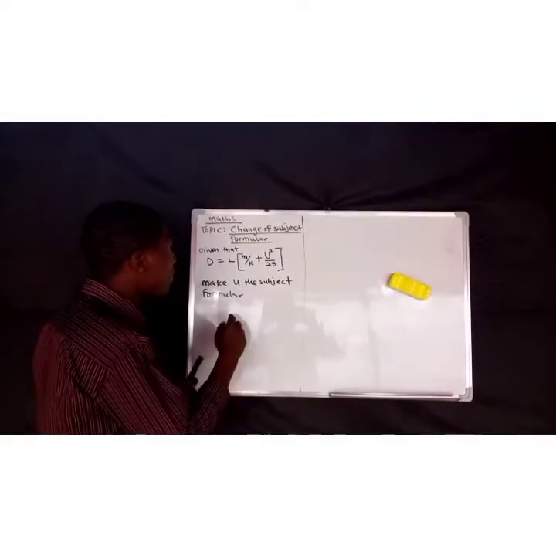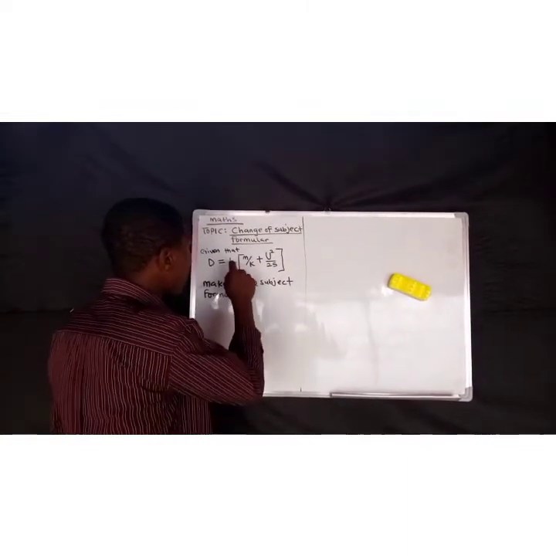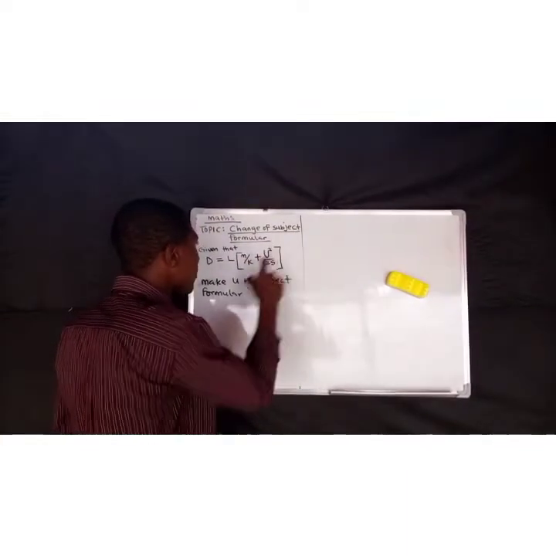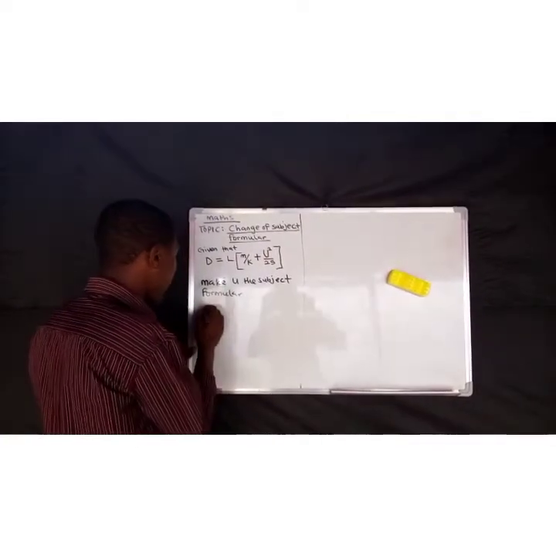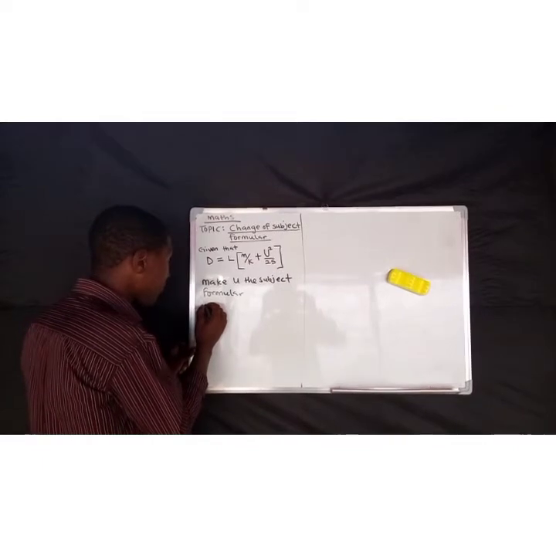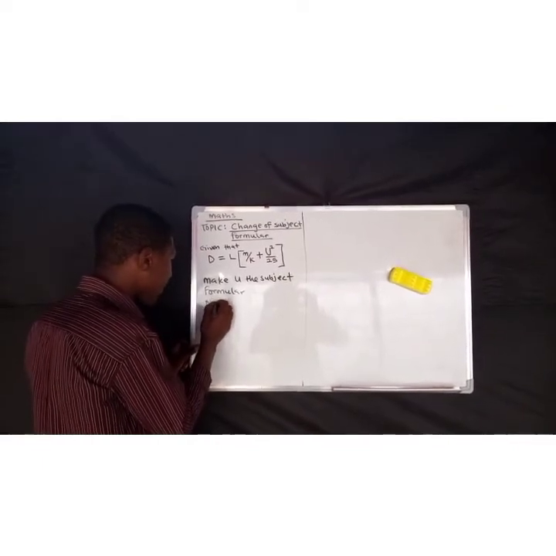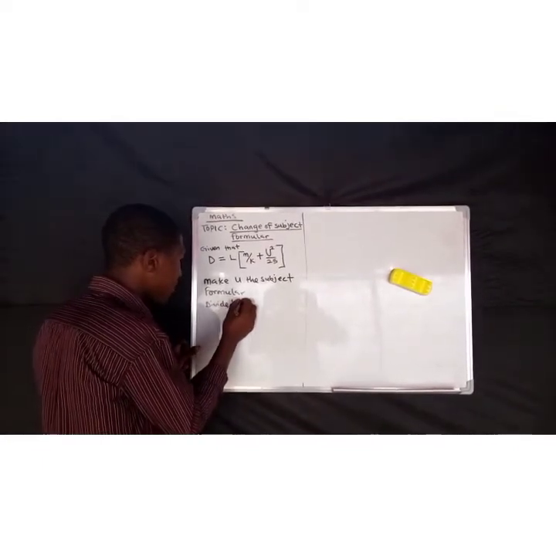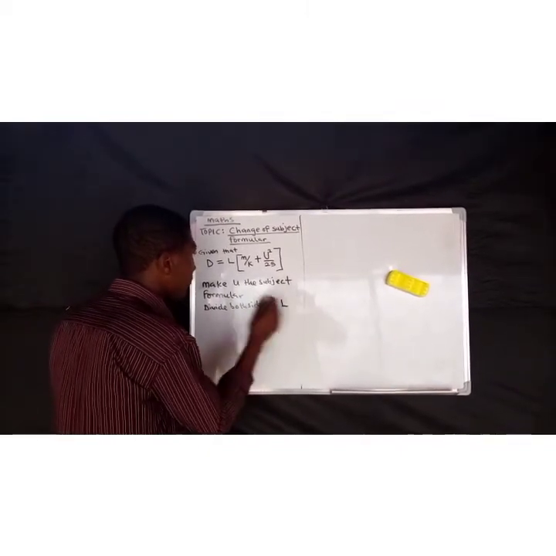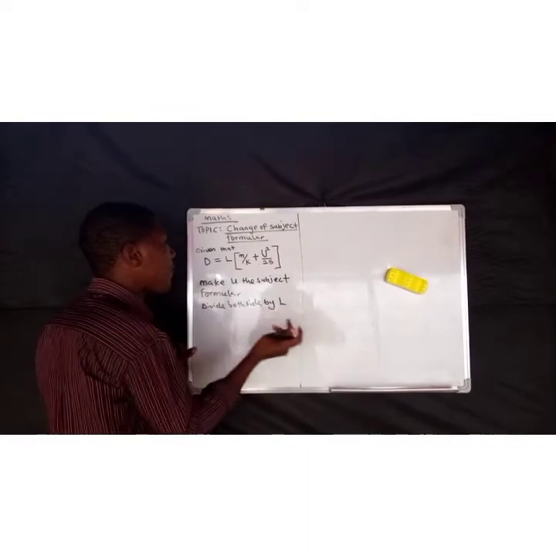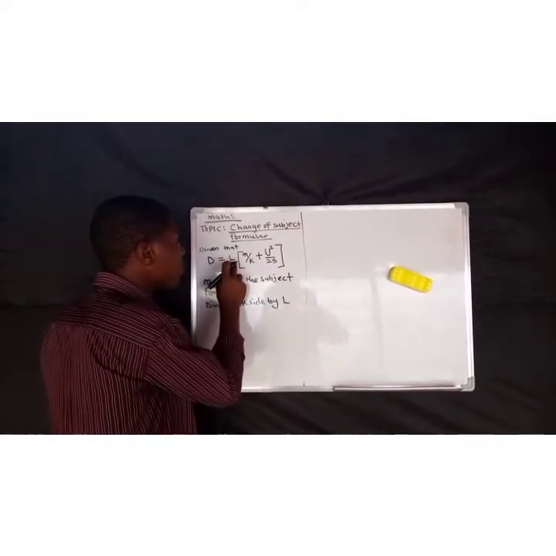So how do I go? The first thing I want to do: L is multiplying everything in the brackets, so I have to remove L from here. To do that, I divide both sides by L, because L is multiplying the expression, so I'm performing the opposite of multiplication, which is division.